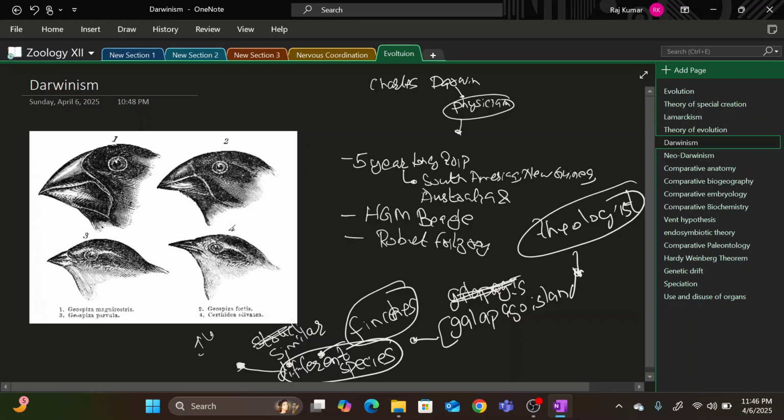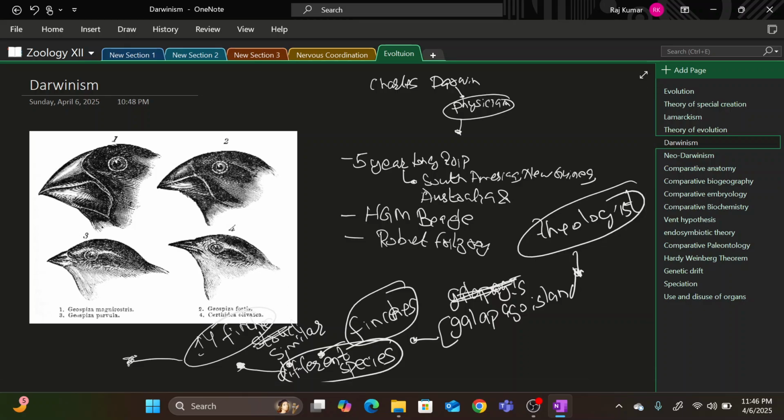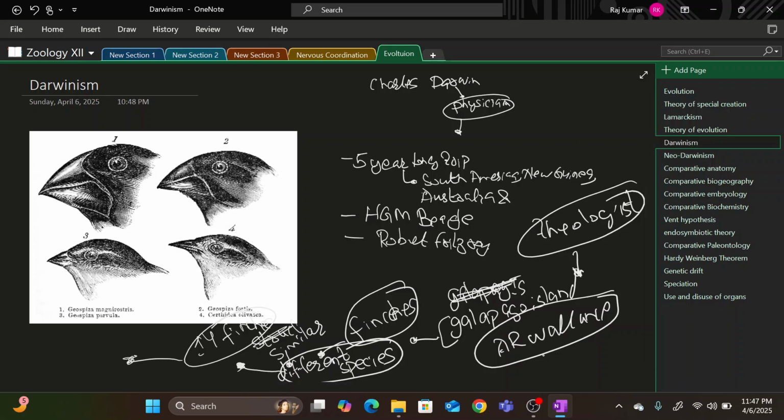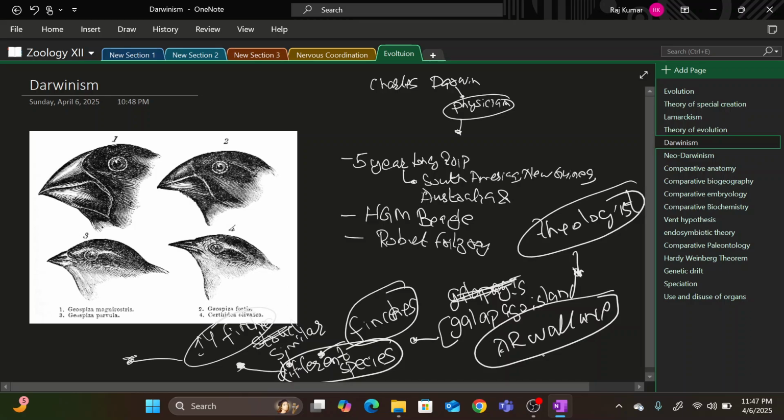He took 14 of these finches, and when he came back to England, he examined them with his friend A.R. Wallace. A.R. Wallace was also a naturalist who worked with Darwin to propose the theory of natural selection, or theory of origin of species.